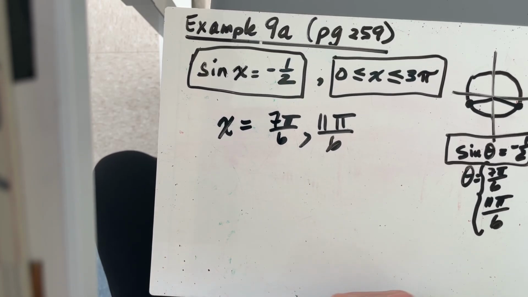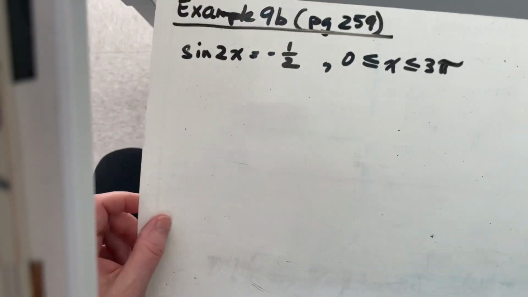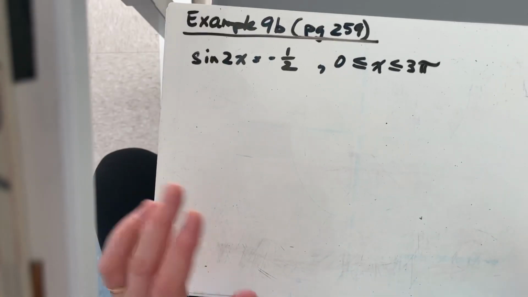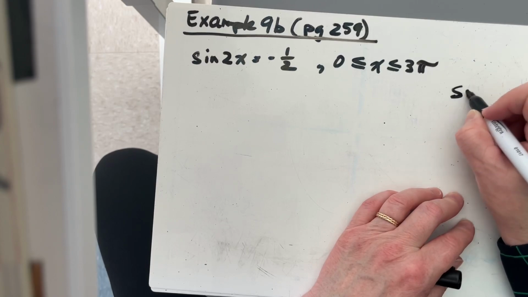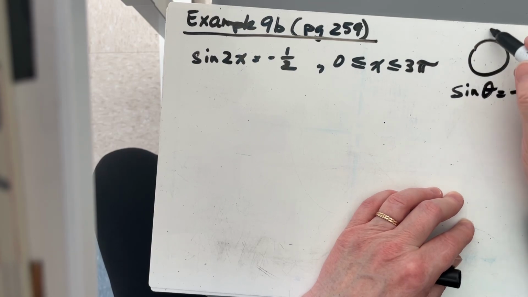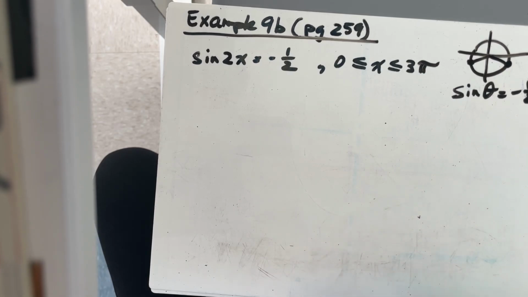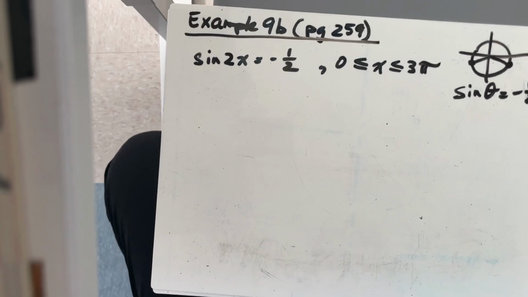Okay, now, when we get a tiny bit more complicated, we're going to do number B. Very similar, almost exactly the same train of thought. We're still thinking about this idea of sine theta equals negative 1/2. Where on the unit circle does that happen? In these two positions. But now we're not just looking at sine theta, we're looking at sine 2x instead.